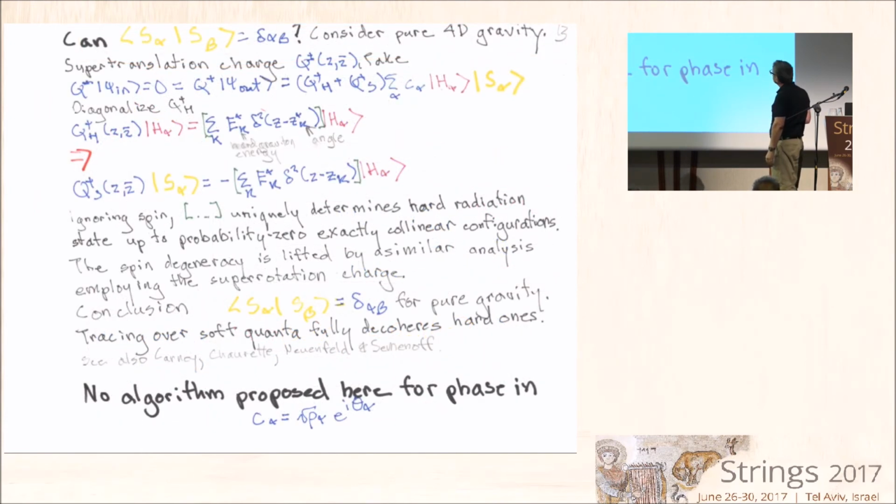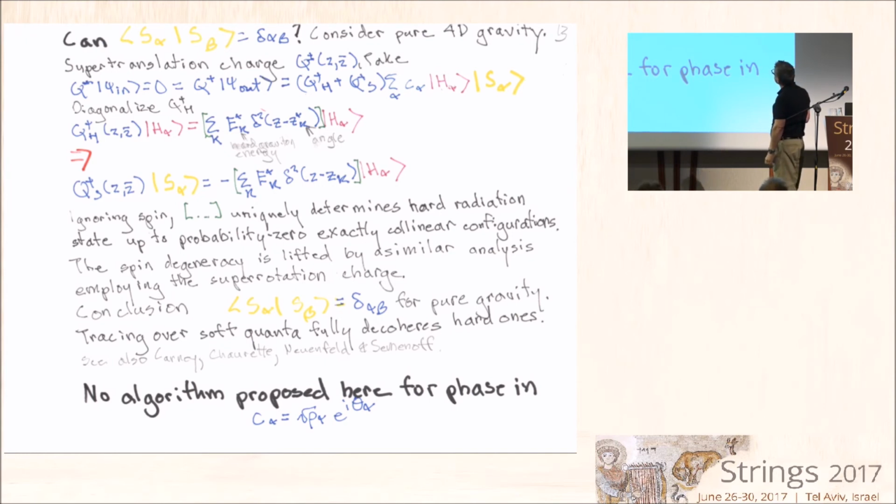Now, could it be true that the soft state knows what the hard state is? I don't know if this is true in general. What I argue in the paper is that if we consider a theory in which the only stable particle is a graviton, then it is true.